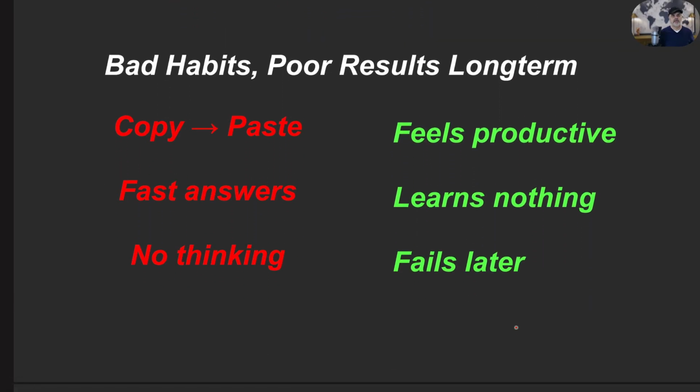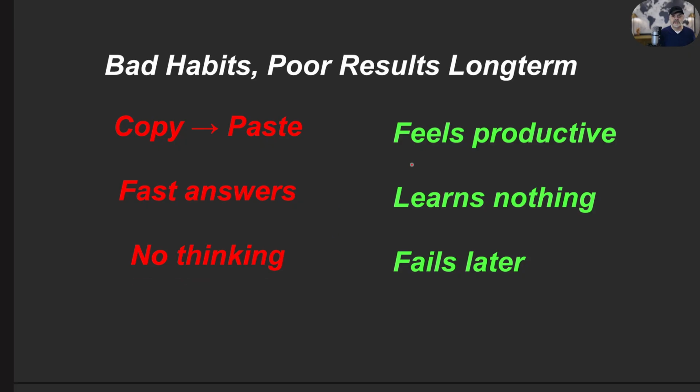We develop habits over time. We start doing certain things a certain way, and then it becomes second nature. When we use bad habits like copy and paste, we feel very productive. The machine found the answer for us, and it responds very fast, so we are excited. And we didn't have to think, which is scary.